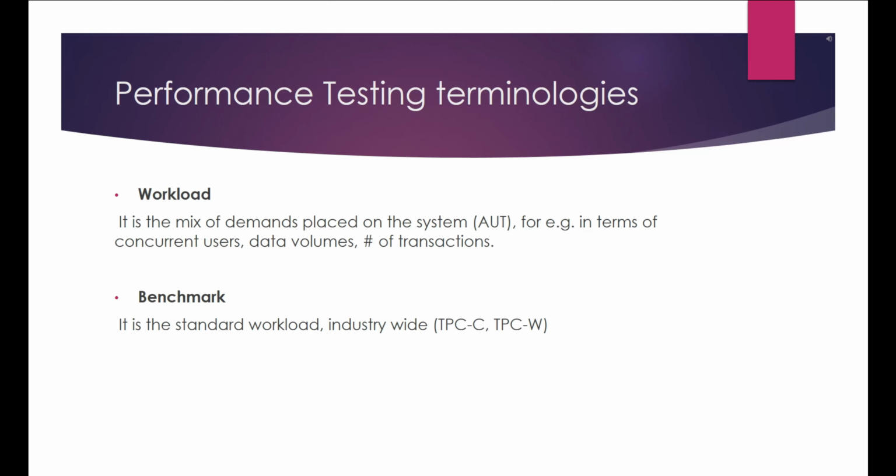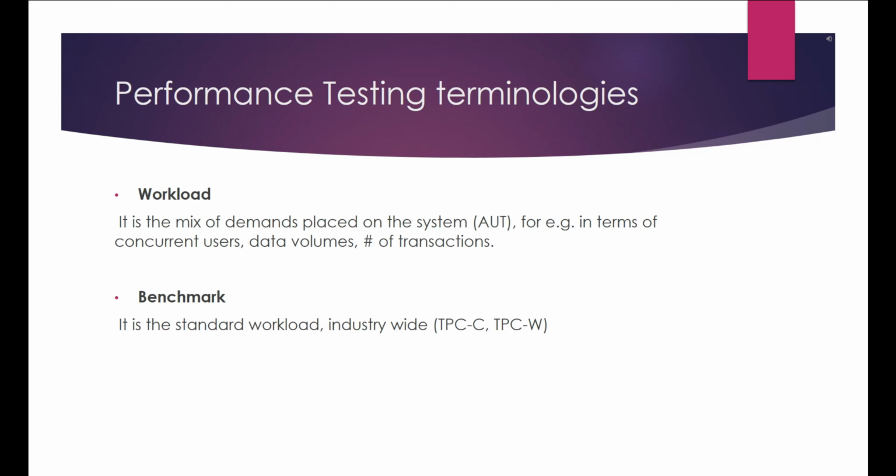TPC-C involves a mix of 5 concurrent transactions of different types and complexity, either executed online or queued for deferred execution. The database is comprised of 9 types of tables with a wide range of record and population sizes. It is measured in transactions per minute.